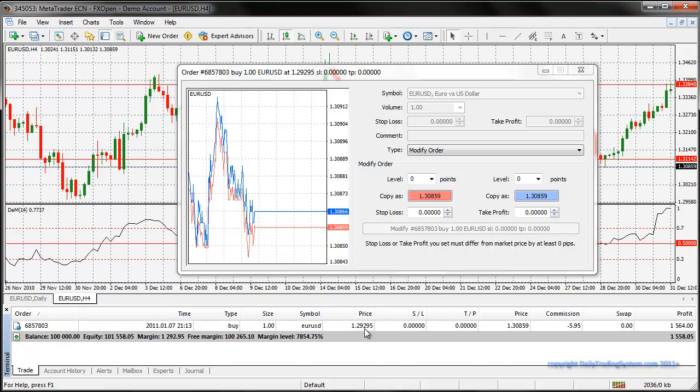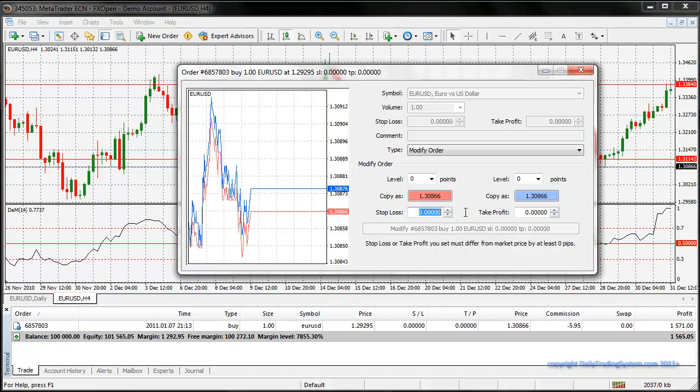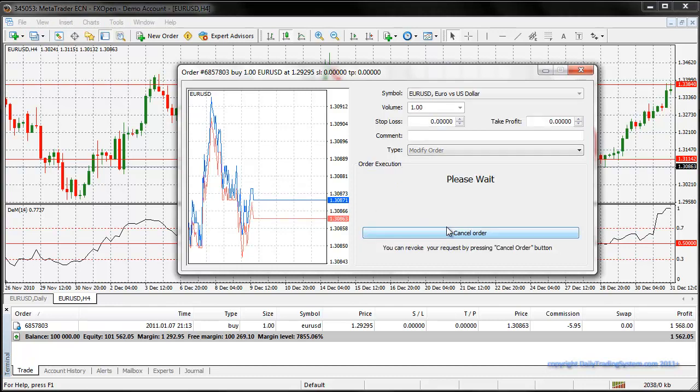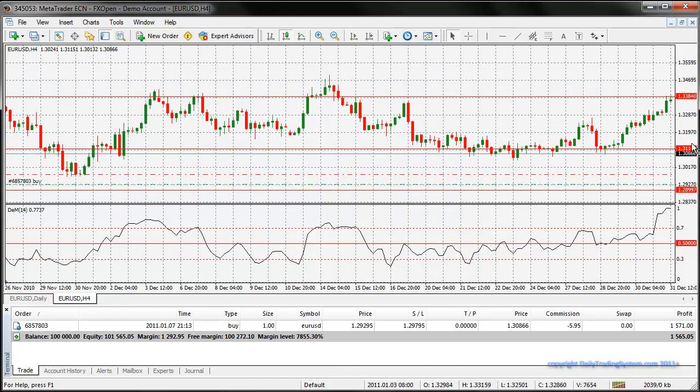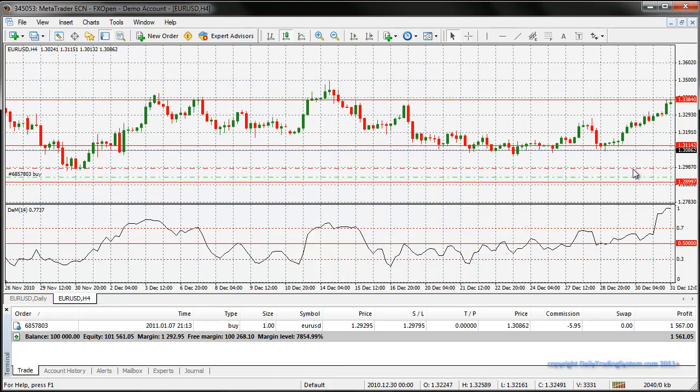So this 2 will turn into a 7, and that will be where my stop loss would be. 1.29795 would be my stop loss area. Click on modify, and you can now see that my trade is booked in at 50 pips, and this is where I've got it.